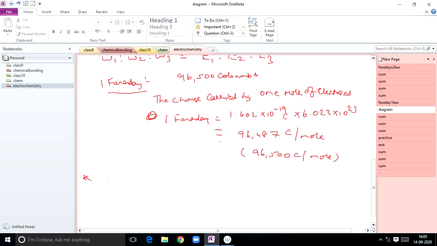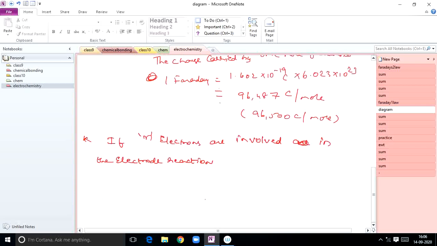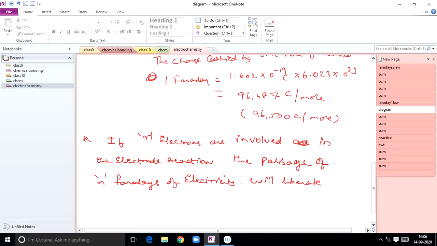Next, if small n electrons are involved in the electrode reaction, the passage of n Faradays of electricity will liberate 1 mole of the substance.